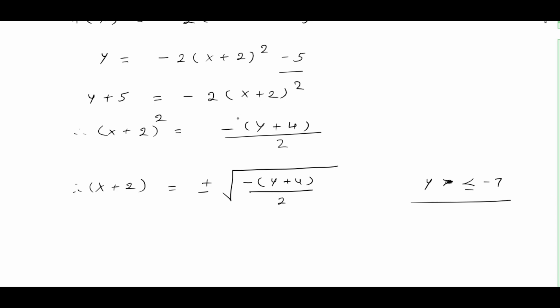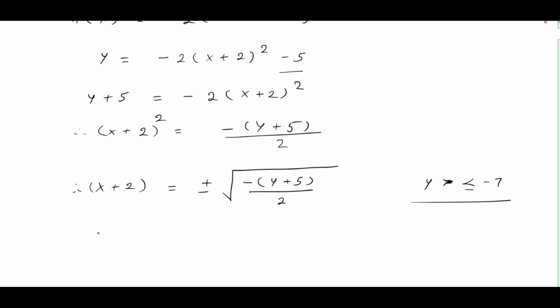This is y plus 5, not 4. So as I take the value of y as -7, the maximum value, -7 plus 5 is -2, -2 upon 2 is -1, multiplied by -1 is +1. So in the square root I am getting +1.